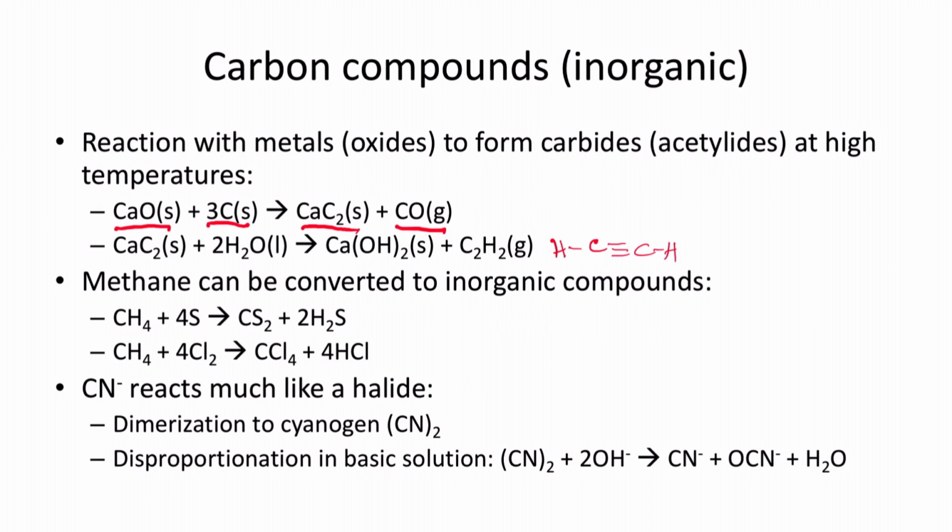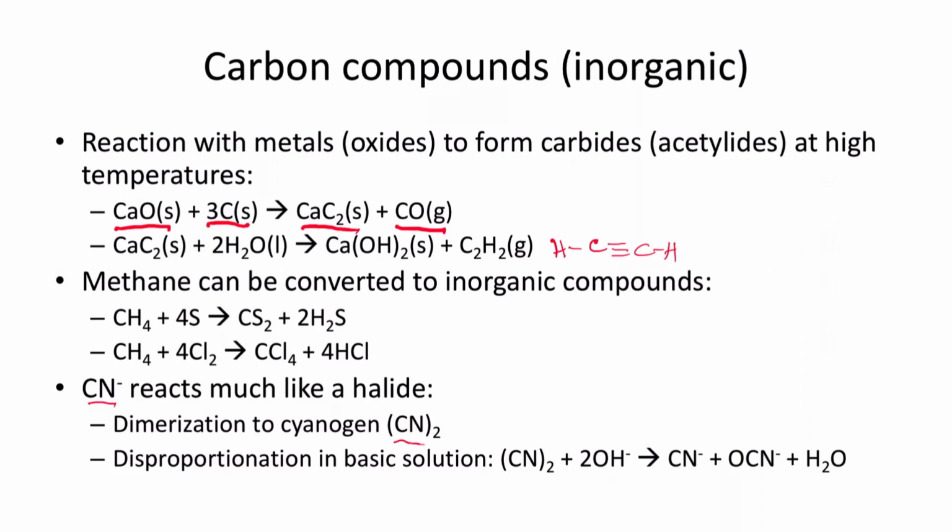The cyanide ion, which is also inorganic, reacts a lot like a halogen does or a halide does. So for example, in much the same way that halides can combine with each other, like Cl2 or Br2 or I2 or F2, I can have the same kind of thing with CN minus. CN minuses can combine to make something called cyanogen, which is (CN)2.